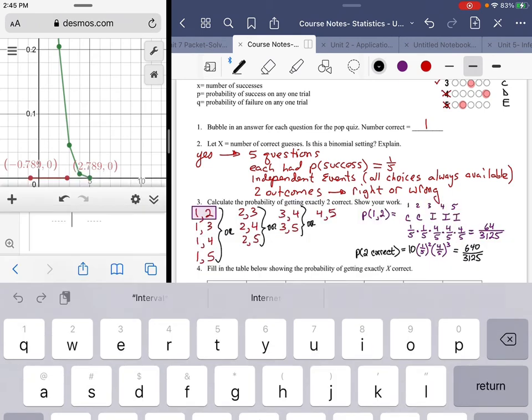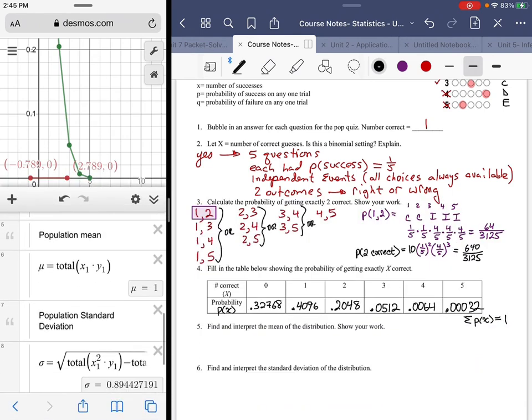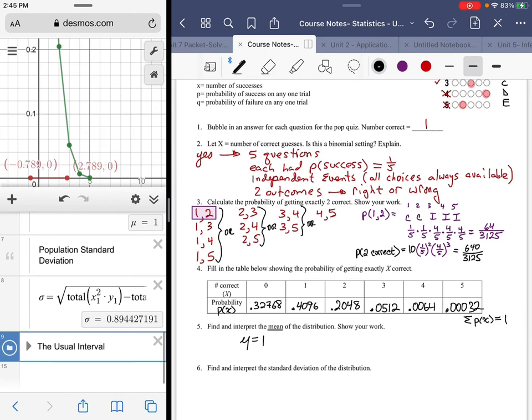All right, but again, this probability distribution calculator will give us the mean of the distribution, mu equals 1, and it'll give us the standard deviation. All right, so the mean is the expected value. This is the expected number of correct answers.